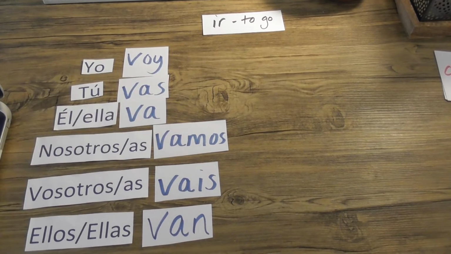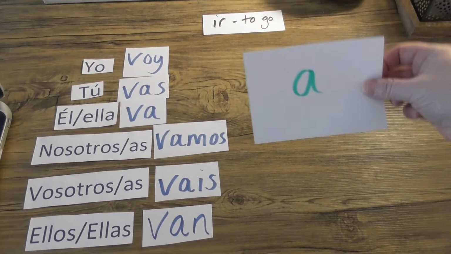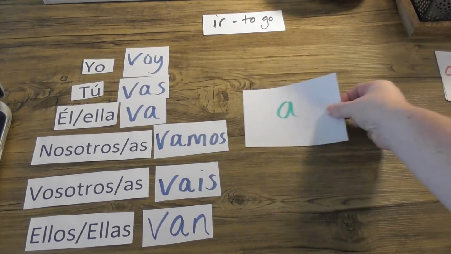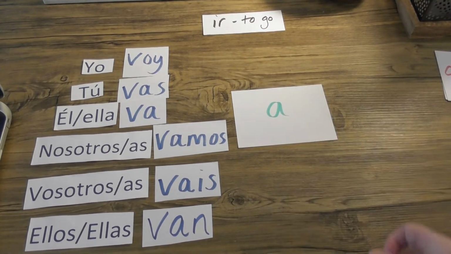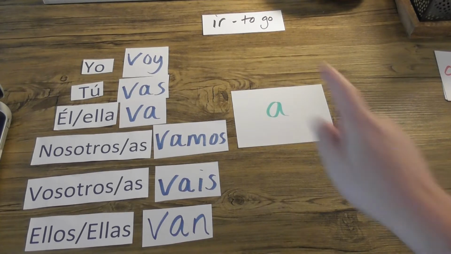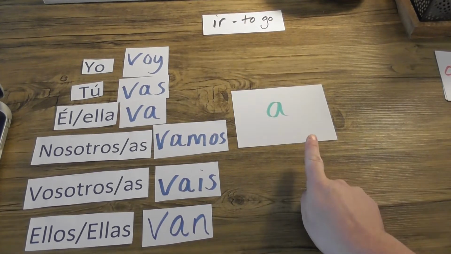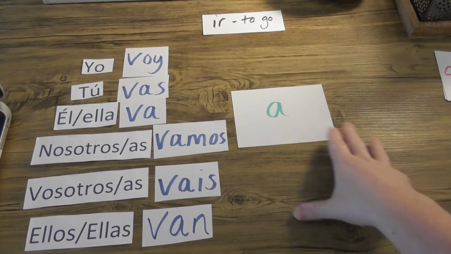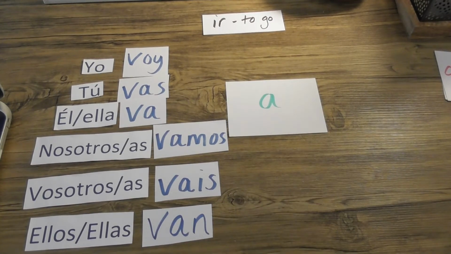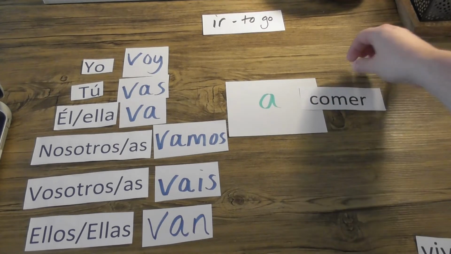I am going. And now step two is quite simply this very important letter. If you don't use that, you won't have formed the future correctly. So, voy a, I am going to, and the final step is to add your infinitive verb. So, for example, if you wanted to say I'm going to eat, voy a comer.